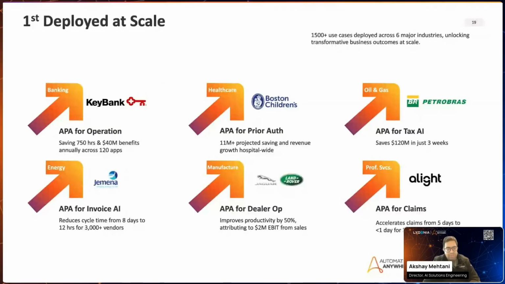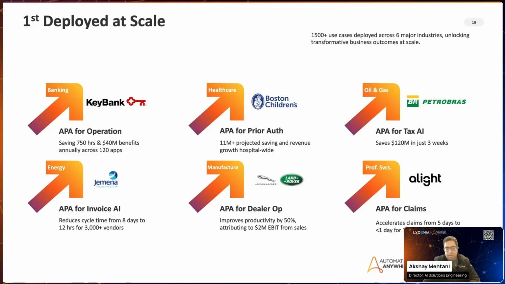We have customers from all different industries that have deployed us, be it Key Bank in the banking space, or Petrobras in the oil and gas space, or Boston Children's in the healthcare space. We have customers who've been using AI agents and the Automation Anywhere platform over the last 18 to 24 months and seeing those efficiency gains, seeing those improvements in their processes.